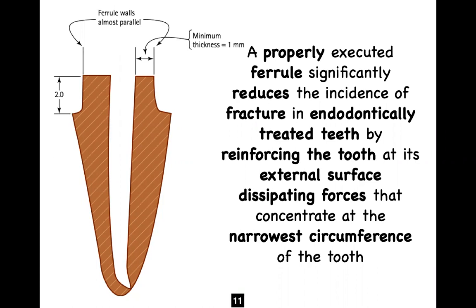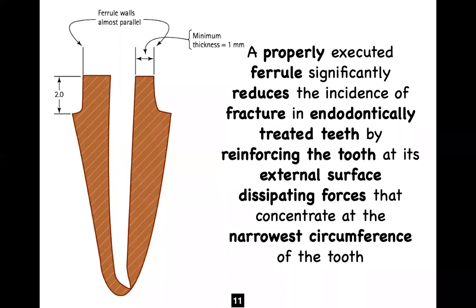It reinforces the tooth, but how? It spreads the forces that are concentrated at the narrowest circumference. If you didn't have this width of 1 mm, these forces would just concentrate at this narrowest portion and eventually lead to fracture of your tooth. That is the reason you require something known as ferrule before you plan a post and core treatment.